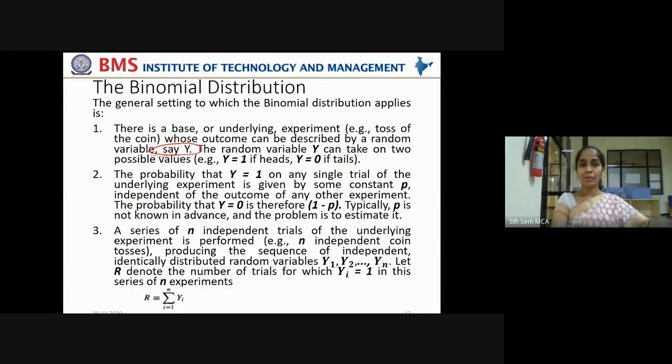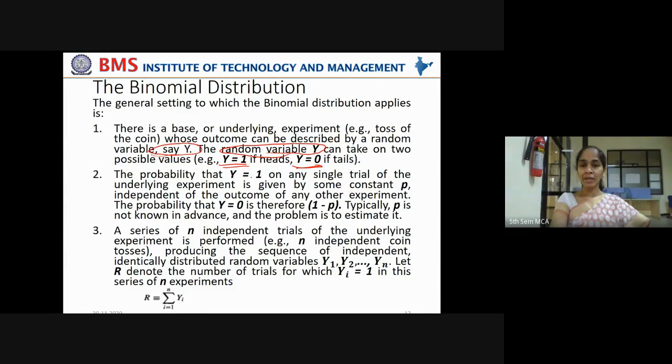If getting a head is 1 and getting a tail is 0, then the chance of y taking head is 50% and y taking tail is 50%, right? So it is unpredictable until you get the outcome. That is why we call y a random variable, which can take two possible values, 1 or 0, head or tail.